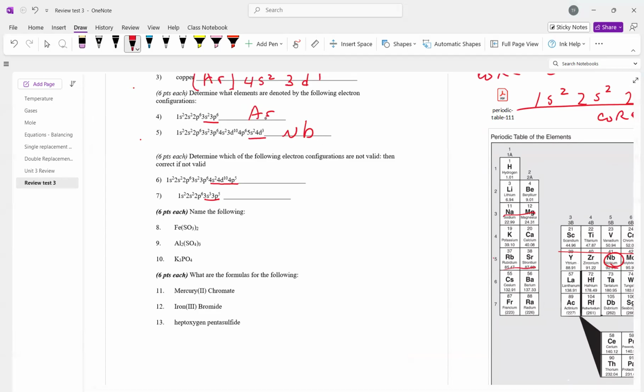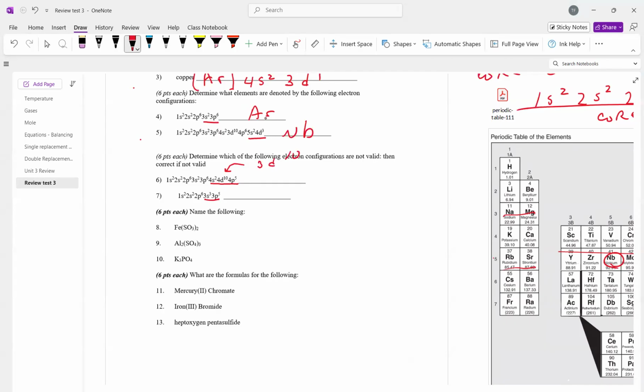Okay, determine which of the following electronic configurations are not valid, then correct it if it's not valid. So point is, some may be valid, some may be not. Okay, so let's look at this. 1s2, that's good. 2s2, 2p6, 3s2, 3p6, 4s2, 4d10, 4p5. Okay, so that should be 3d10.